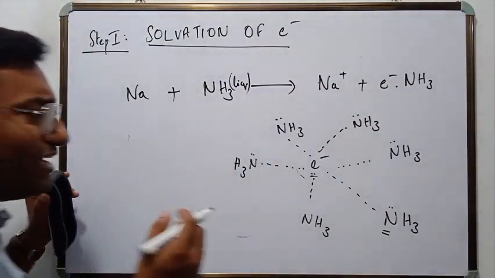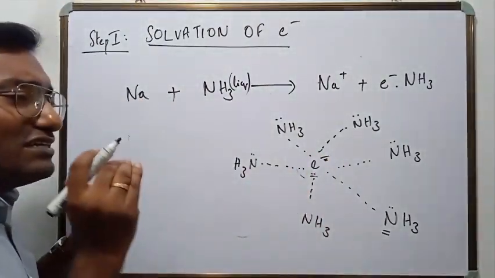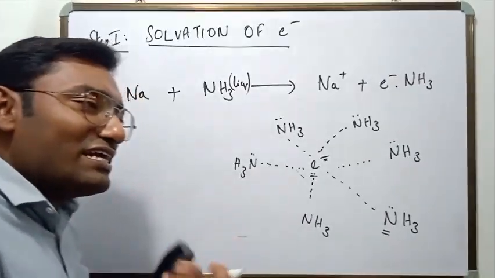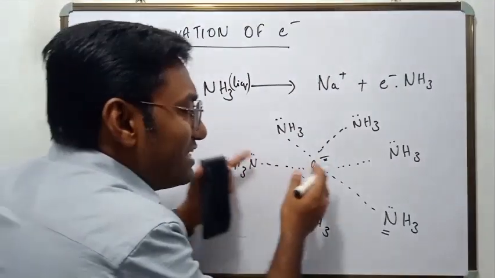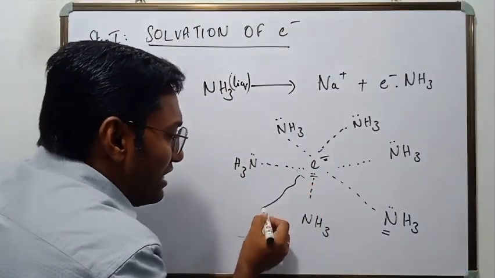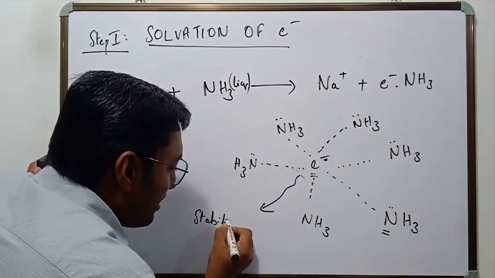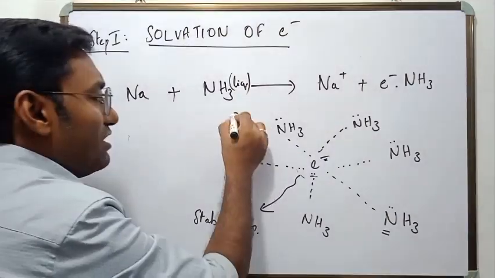In this way, the electron's negative charge somewhat gets stabilized. The negative charge on the electron somewhat gets diminished, its intensity decreases. So the electron also achieves stabilization, right? Stabilization by solvation.